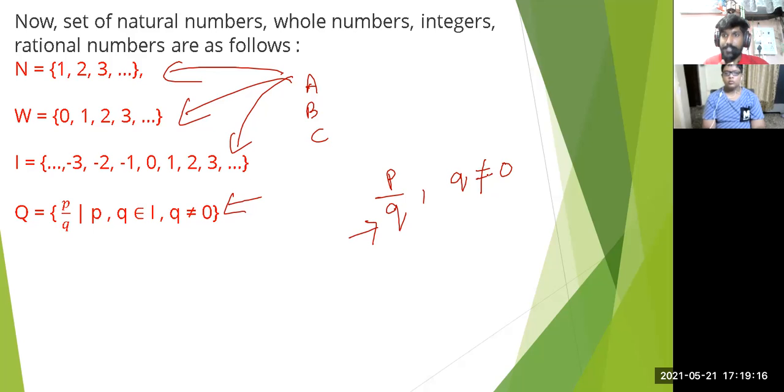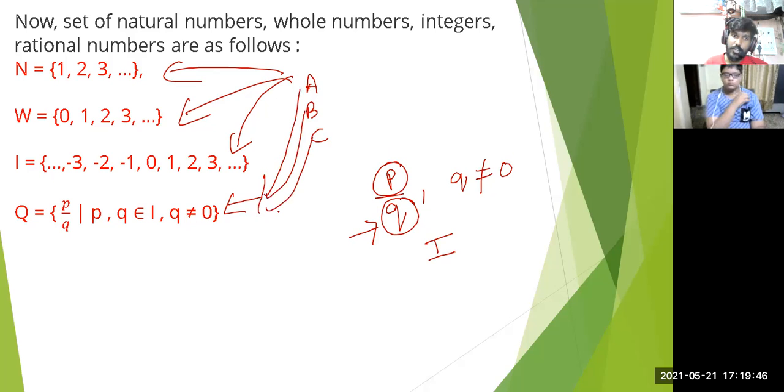Then only it will be a rational number. If the denominator is 0, then it will not be a rational number. And this P and Q should be integers, positive or negative, anything. So that is a rational number. I'll repeat, a rational number is that number which you can write in the form of P upon Q, that is a fraction, and Q is non-zero. So all of these are inside the set of rational numbers.